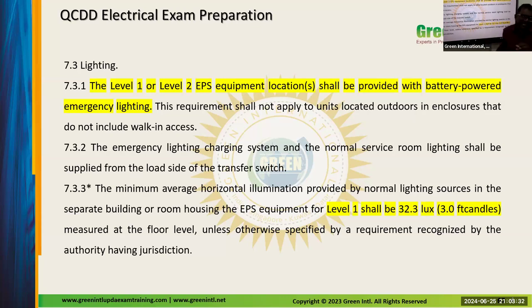But in the standard, they say the minimum requirement of 1.5 is enough. In the exam, suppose they don't give any clear indication: if it says as per NFPA standard, we select 1.5; if as per QCD guidelines, we prefer 3 hours.